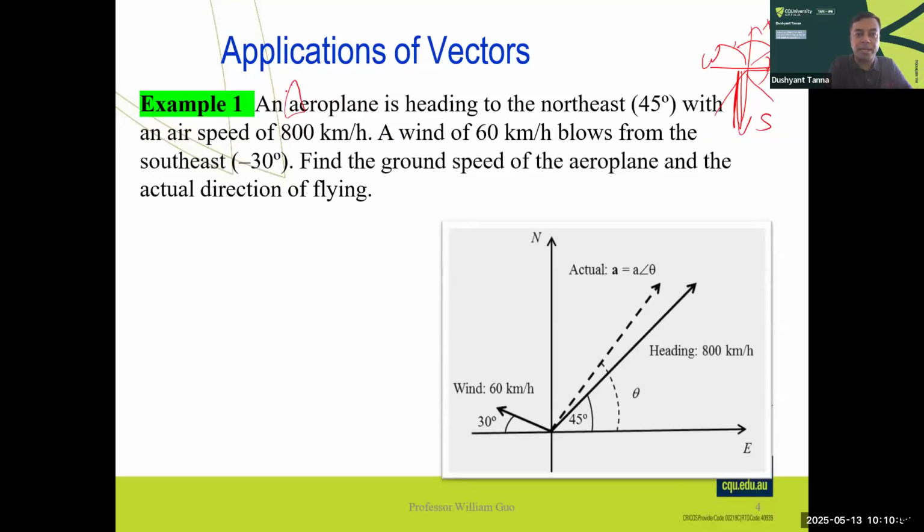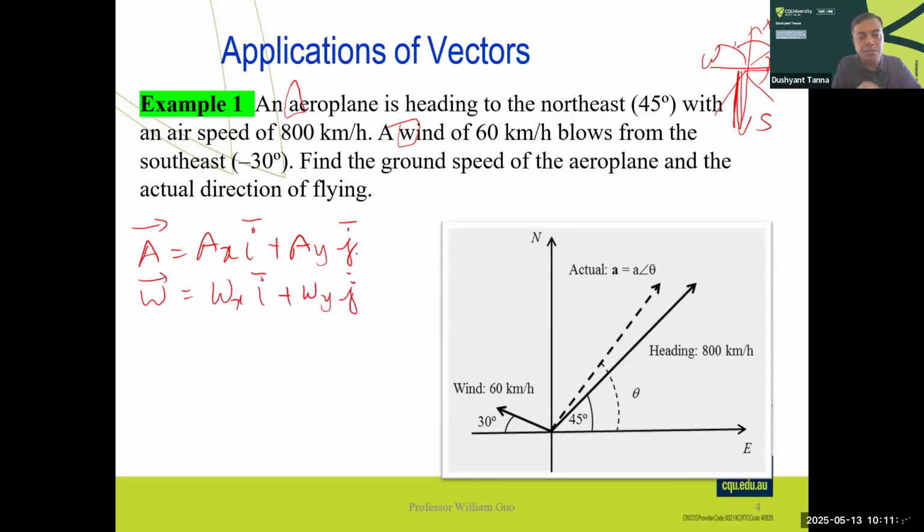So this is my vector A, and for wind, I will pick vector W. Let's start with vector A: AX i, AY j. That's our vector. And the other vector, the wind vector, is WX i, WY j.